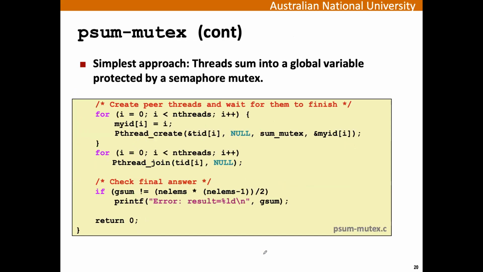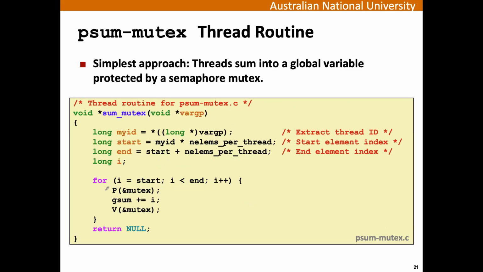What we're trying to do here in our first attempt to write a parallel program to speed up parallel summation is that each thread is going to grab a mutex on this critical section, and it's going to update the global sum variable in a for loop. So each thread gets a slice of the work, right?